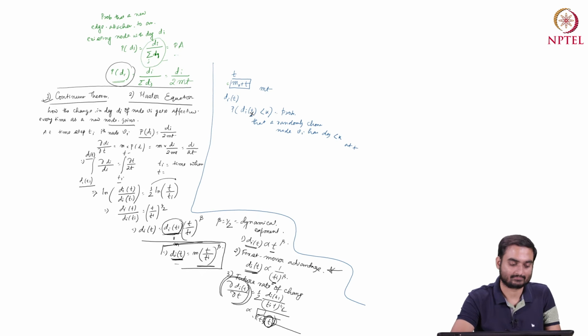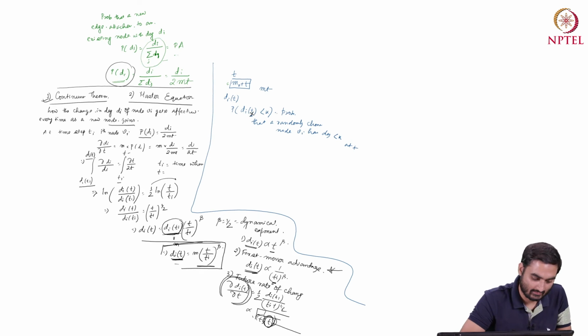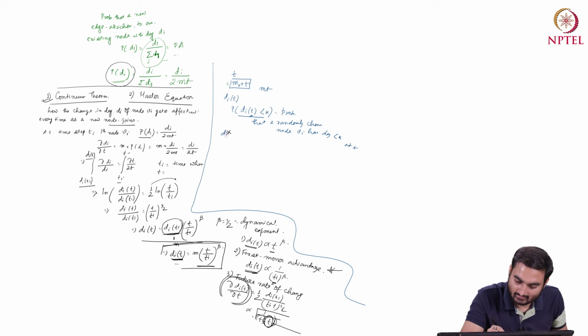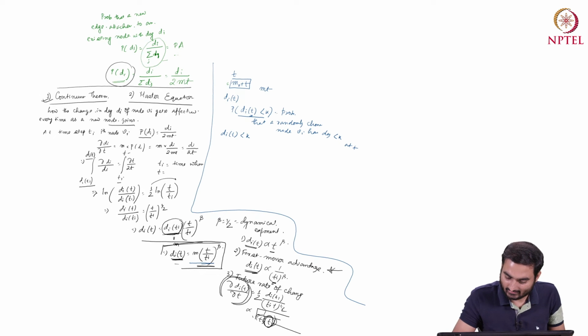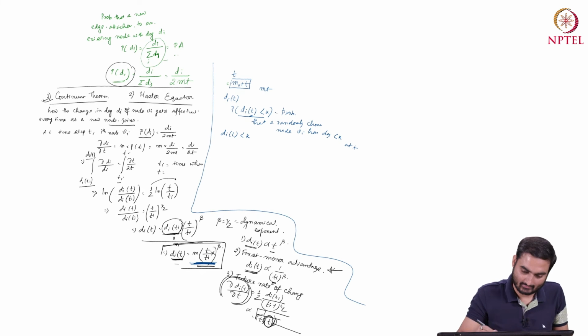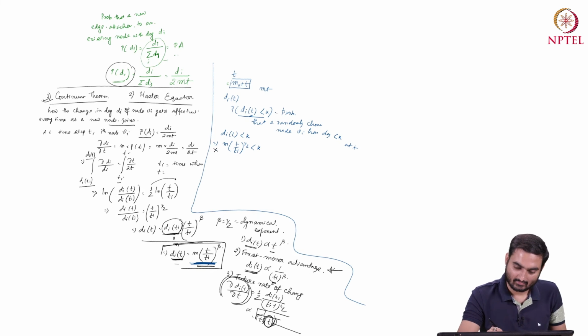This is important. If you think of this quantity, this is d_i(t) less than k, and we already know that d_i(t) is this one. So I replace d_i(t) by m times square root of t by ti, less than k.